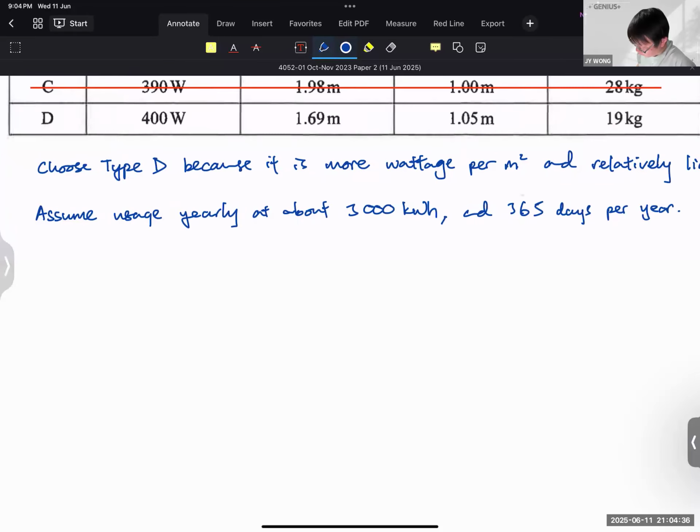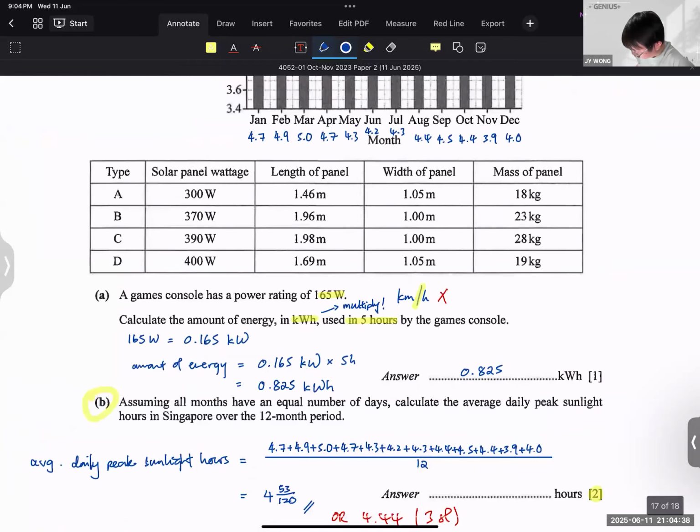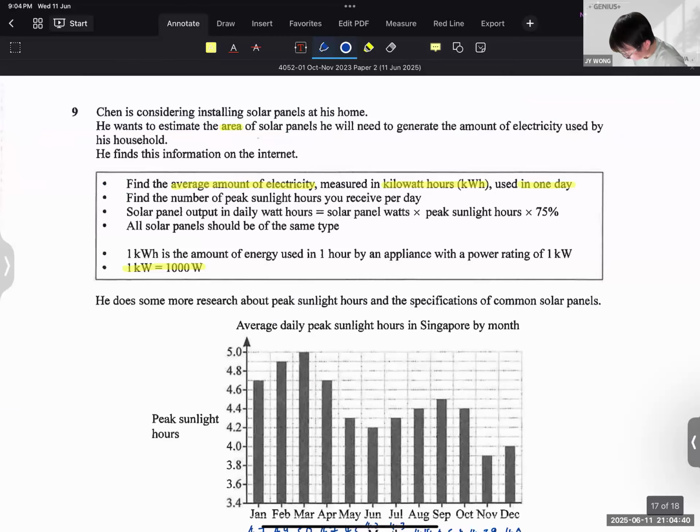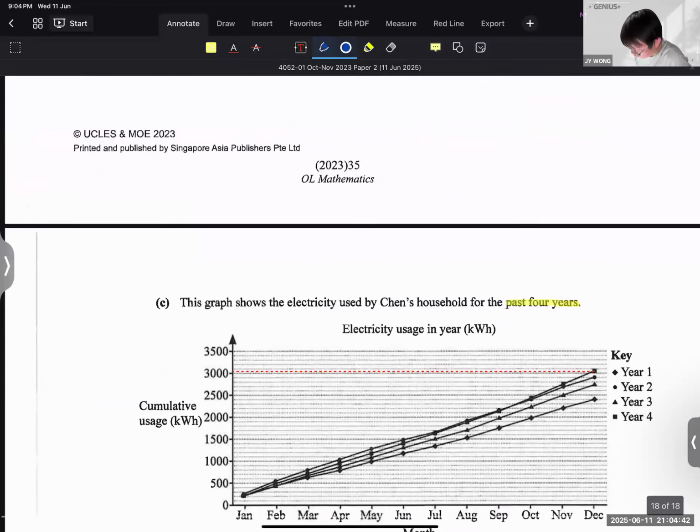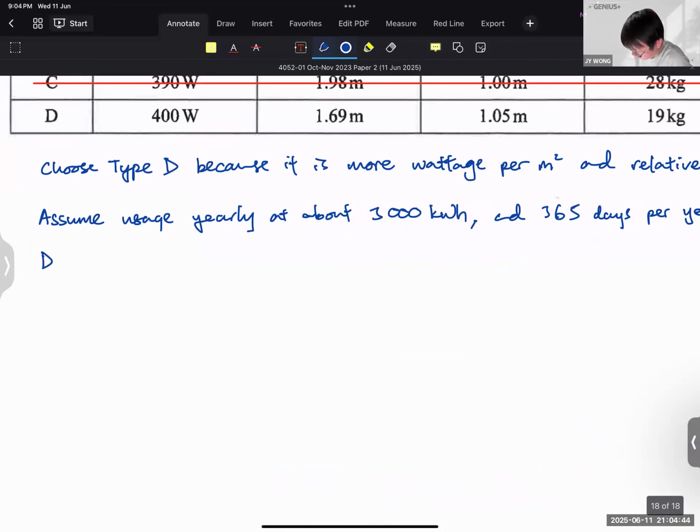So if you know that it's kilowatt hours a year, what do they want you to find? They want you to find kilowatt hours in 1 day. So what is your daily kilowatt hours usage? 3,000 divided by 365.